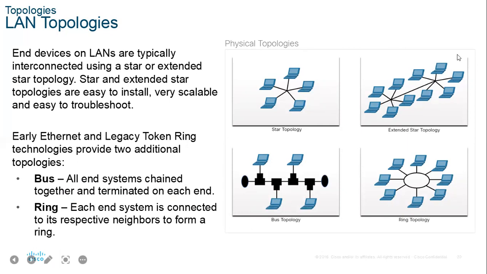Why? Maybe these devices are far away from this particular network. So you call that an extended star topology, where you're extending whatever you have here. All you need is two routers, or a router and an access point and a cable. Here, you just need a router or a switch. Everybody connects to it via cable or via wireless.